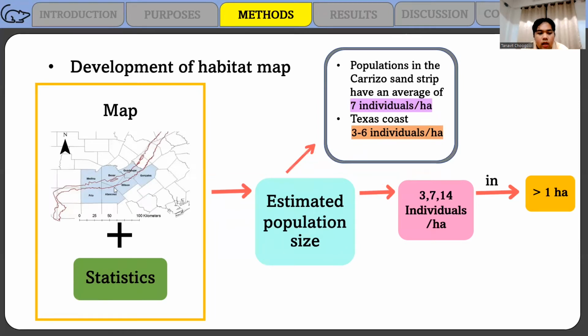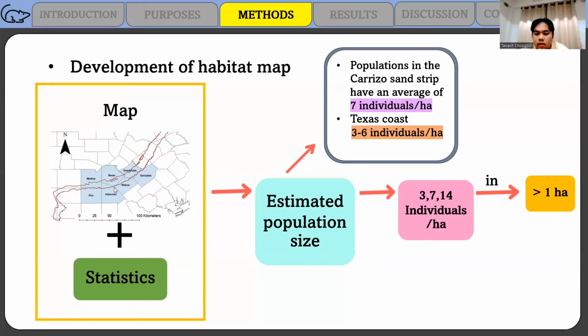Next, they used the map combined with statistics to estimate the population size, and they used data from previous work. Previous work showed that the population in the Crystal Sands strip has an average of 70 individuals per hectare, and also showed the Texas coast has 3 to 6 individuals per hectare.